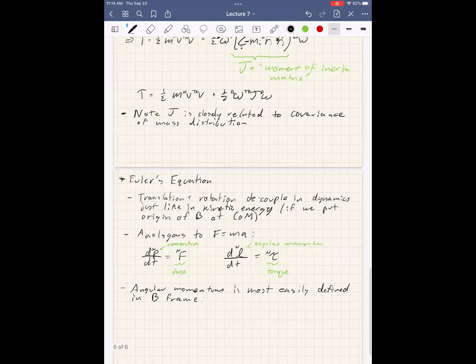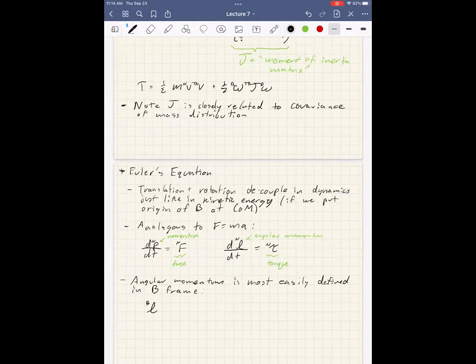So in the B frame, we have angular momentum equals inertia matrix, which is always defined in the B frame, but I'll be explicit about it there, times omega in the body frame. And this J is constant in B frame, like we said.